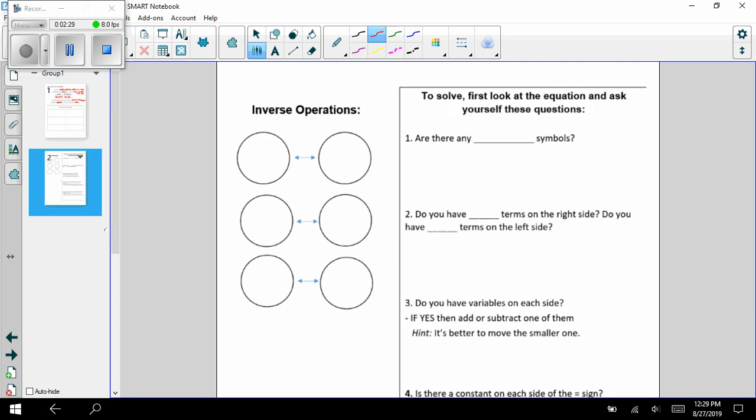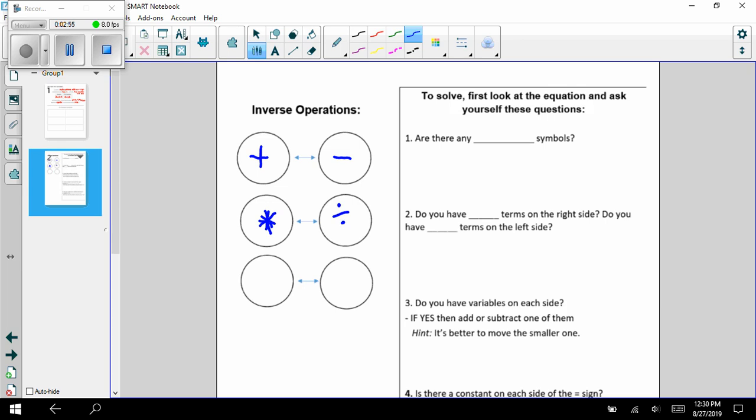The first operation that comes to my mind is an addition sign, and the inverse operation of addition is subtraction. The other operation we're going to include is a multiplication sign, and I'm going to make that an asterisk, and actually on Desmos, I think that's what it looks like as well. The opposite of multiplication is division.